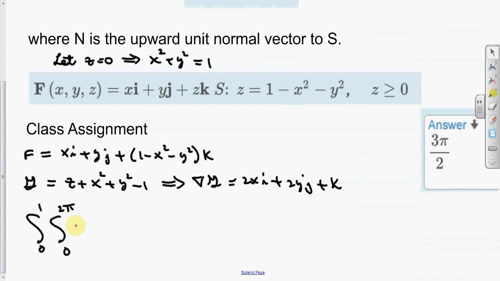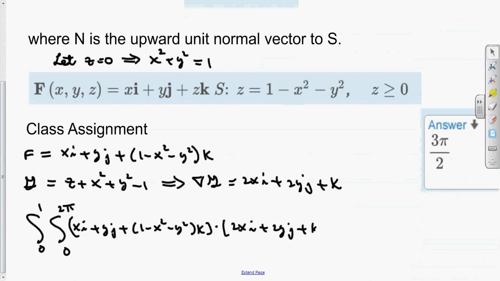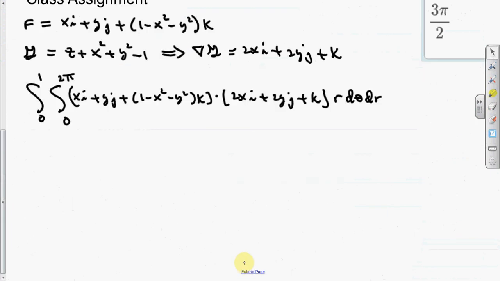And F is xi plus yj plus parentheses 1 minus x squared minus y squared k as dot product with the gradient. We found that to be 2xi plus 2yj plus k. Here I'm going to put that r factor for the polar coordinates, r d theta dr. And then we'll change x and y to that once we get through taking the dot product.